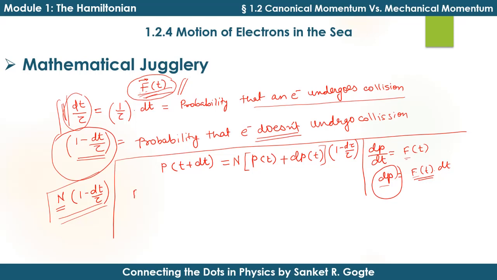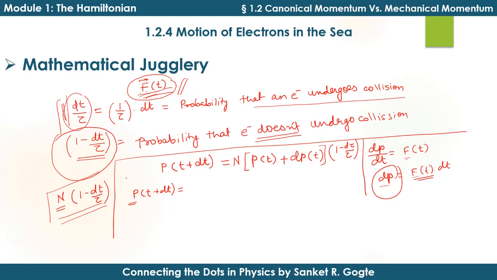So let's work on this a bit. Now I'll divide it by n. When I divide it by n, what I get is the average effect. So henceforward I won't mention this n, but when I write this equation now, it is basically the average change in the momentum of all the electrons.